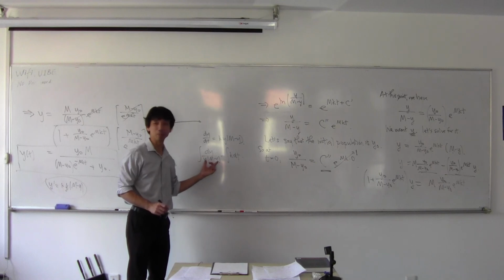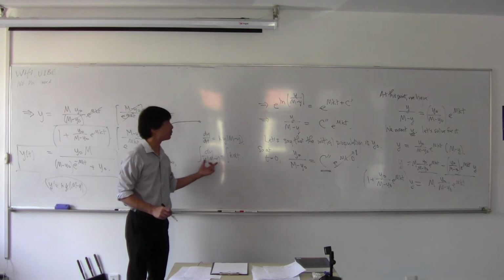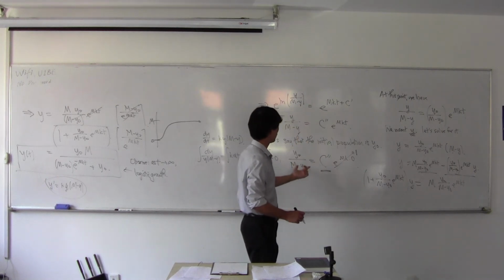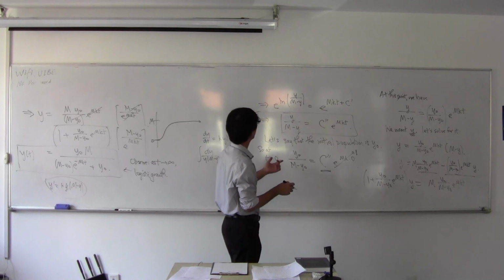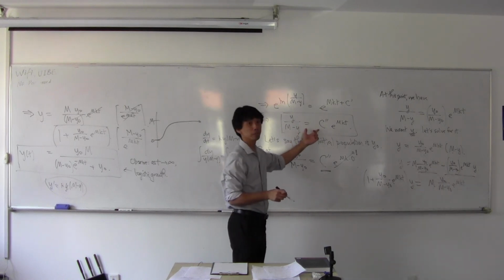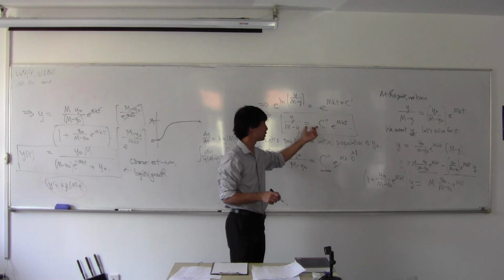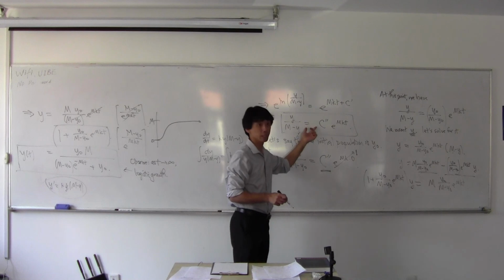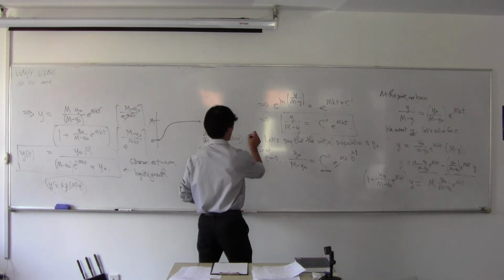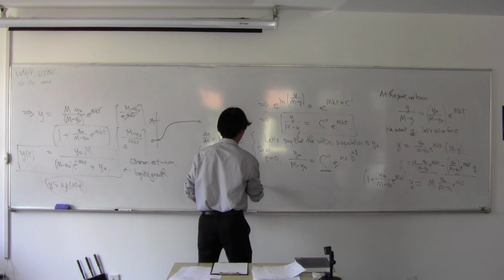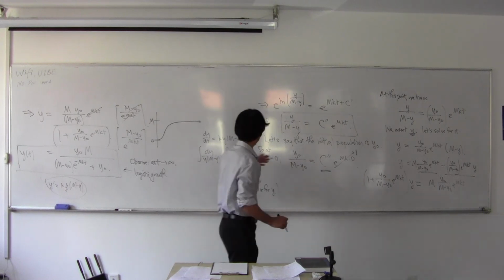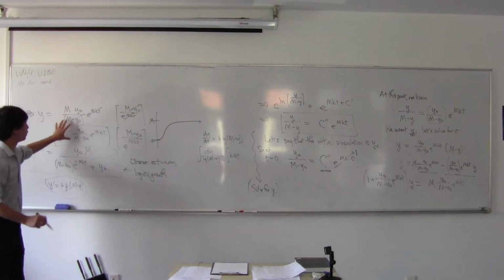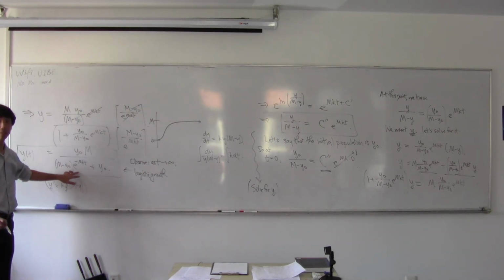Use the partial fraction decomposition on this, and you end up with this equation. And then from here, it's basically just solve for y. We solve for y and simplify a little bit, and it turns out to be this thing here.